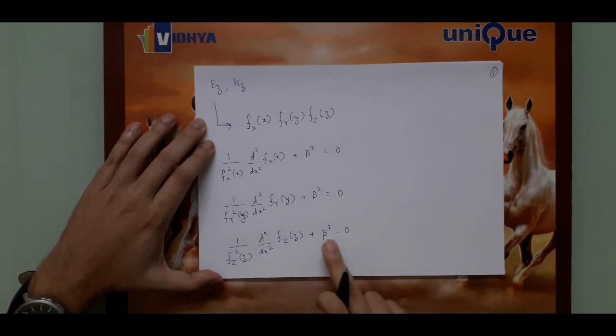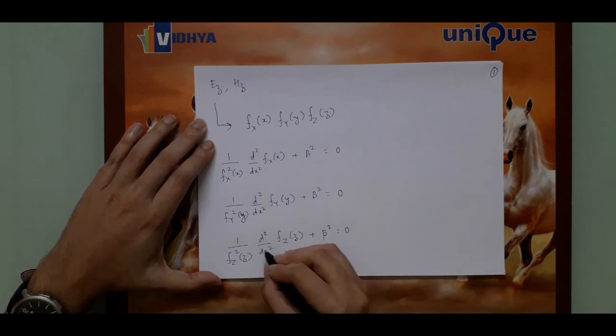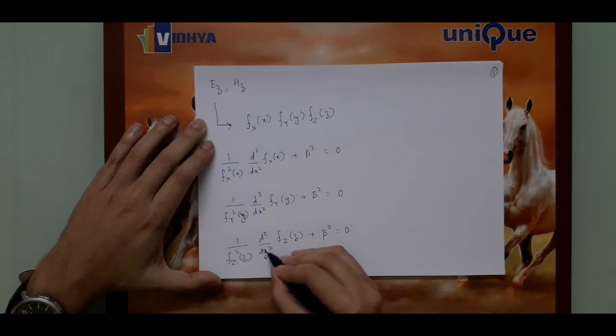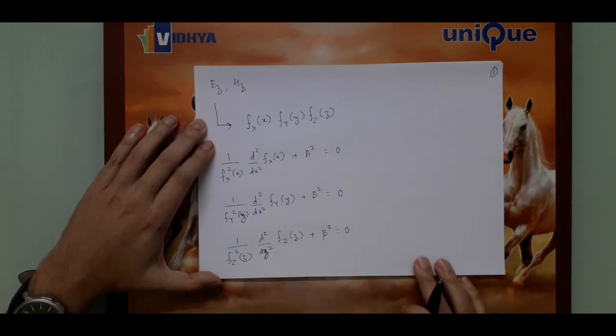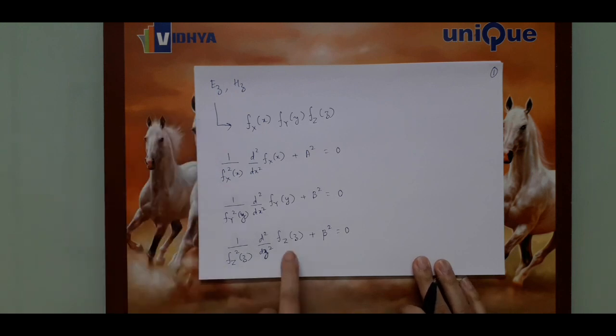Now this beta is not the beta of the wave that is entering the waveguide. This should be z square, just be careful. This beta is the phase constant of the wave that is ultimately being guided along the z direction. So this is very similar to beta prime.